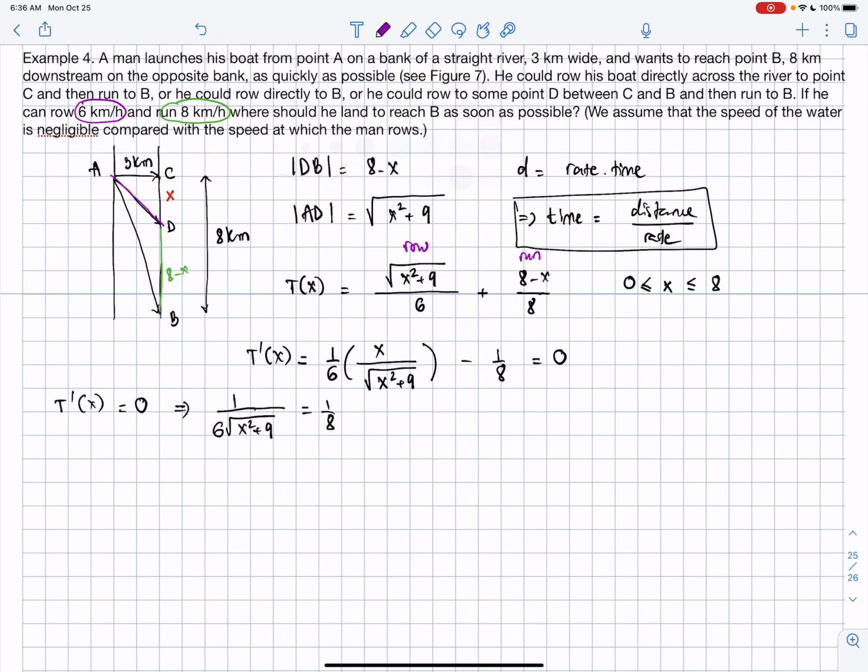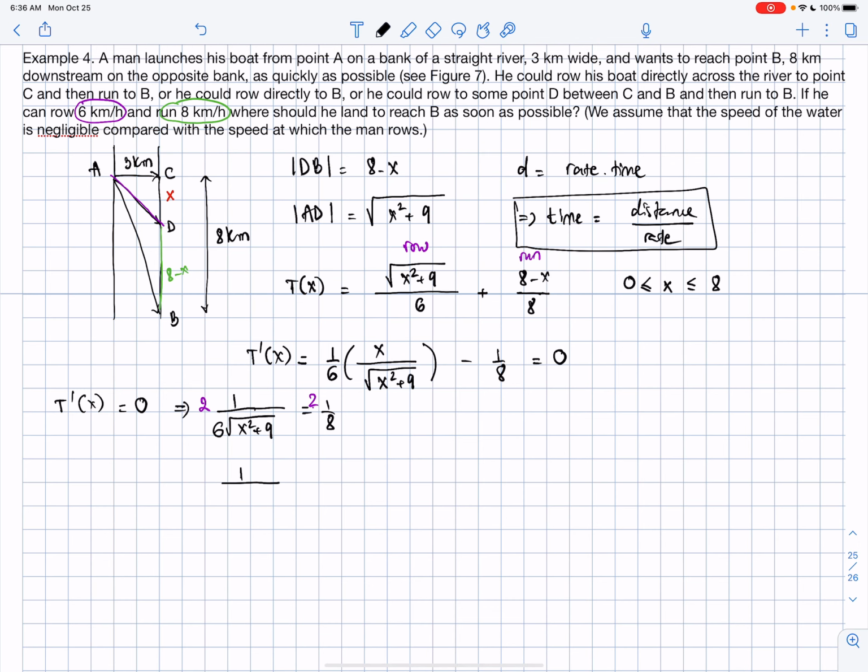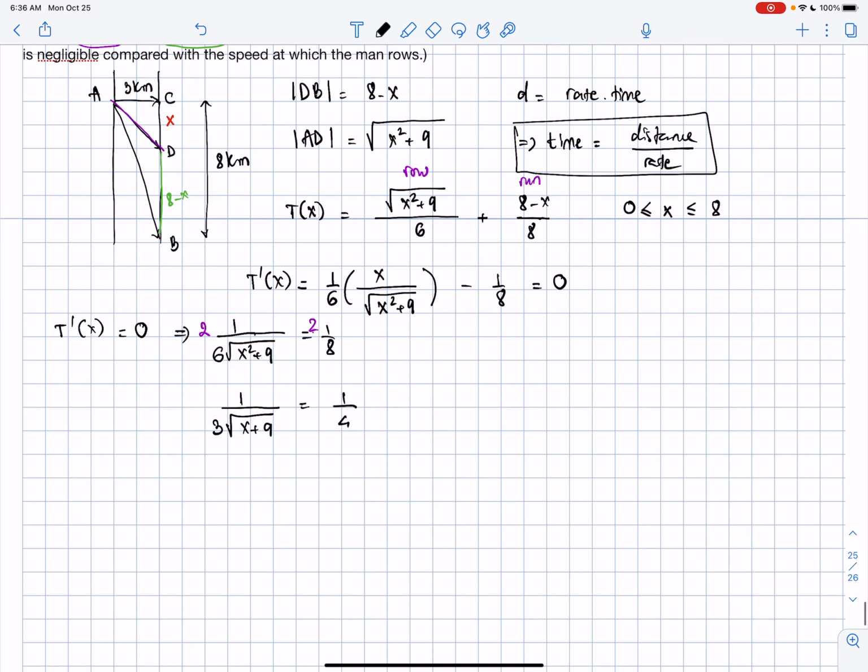Okay, let's simplify this a little bit. If I multiply by 2 on both sides, then I get x over the square root of x squared plus 9 equals 3 over 4, and then we cross multiply.